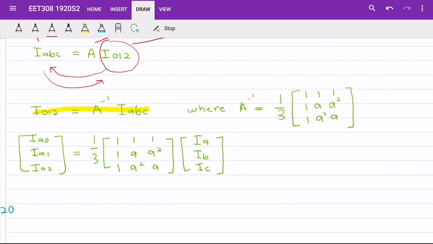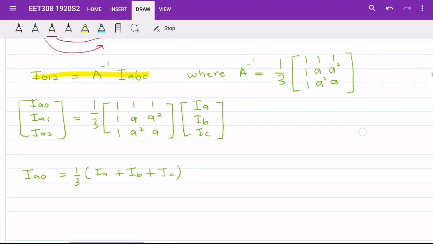From this matrix equation, we can calculate IA0, where IA0 equals 1 over 3 times the summation of phase currents IA plus IB plus IC. And then IA1 equals 1 over 3 times IA plus A times IB plus A power of 2 times IC.